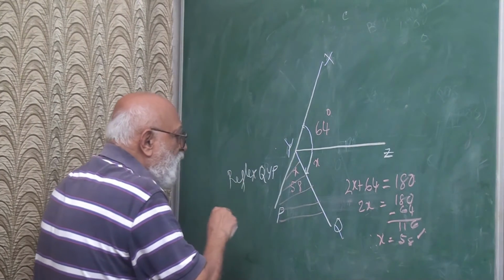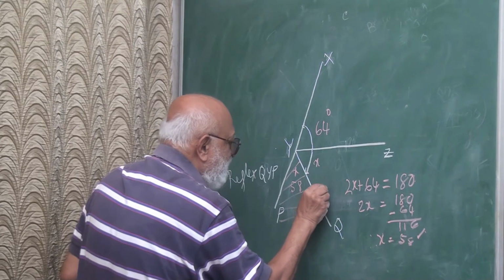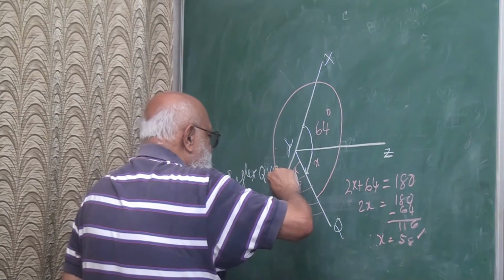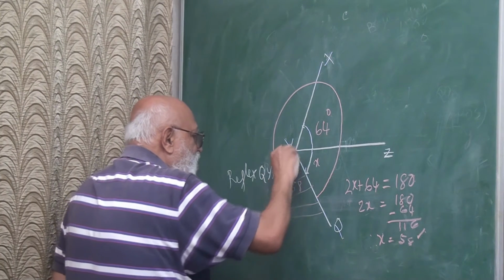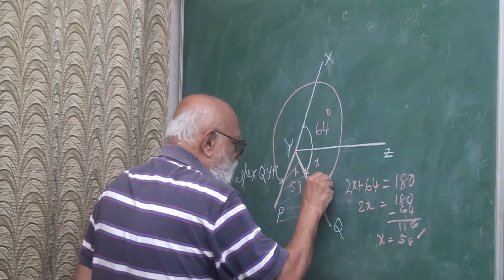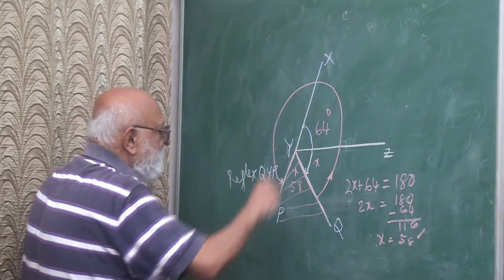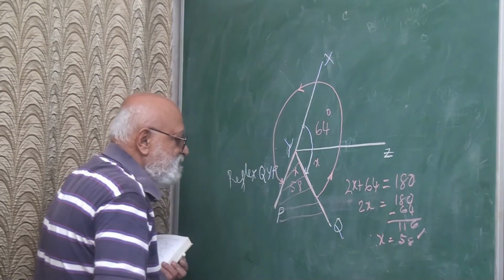So I will go anti-clockwise direction. That means I will go to find out the deflection angle to this direction, and I will end up here, because this is the other arm of this angle. This is the angle which falls in the line of anti-clockwise direction, and it lands on here, the other arm.